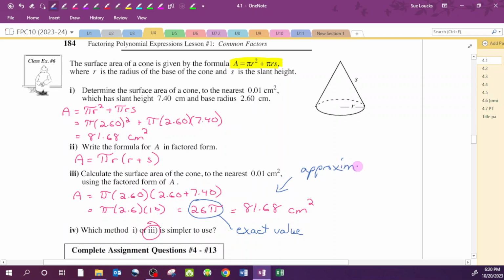We have rounded it to 2 decimal places. This is exact because we're just saying pi in all of its infinite glory is what it's going to be. So if you're asked for something in exact form, you're going to keep the pi symbol there instead of having an actual decimal answer like we have here. This is always going to be an approximation.